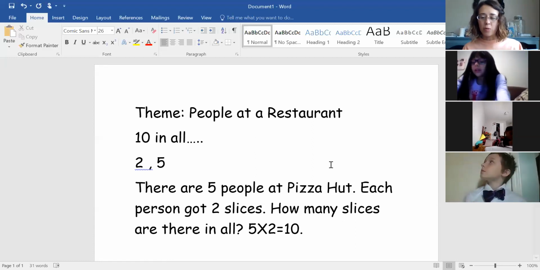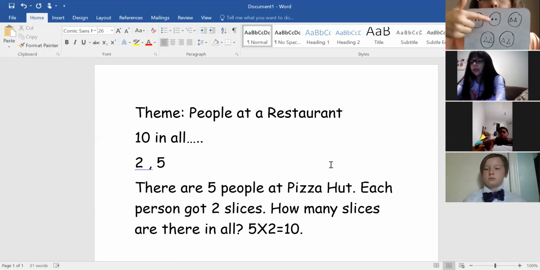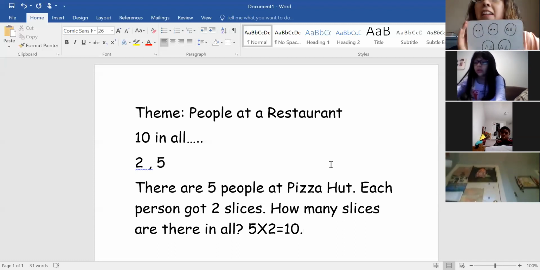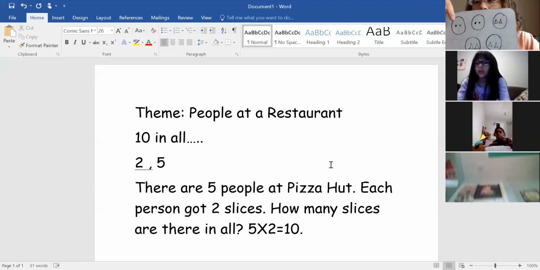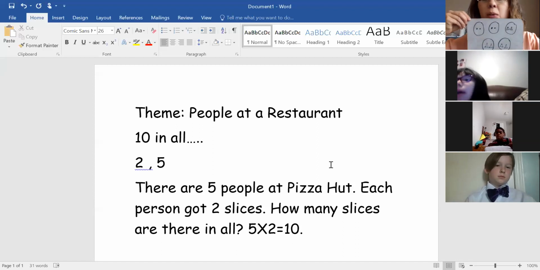Did we have equal groups? No. Let's look at the illustration. Do I have equal groups? Actually, yes. How many groups? In all is going to be the last question I ask you, but the first question is how many groups?